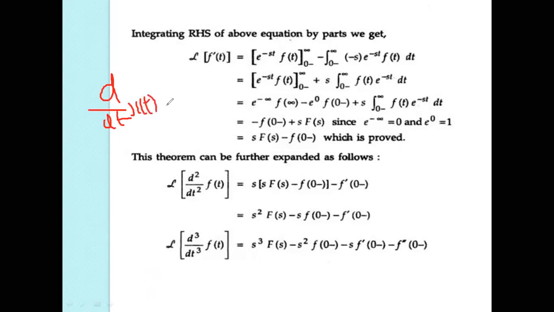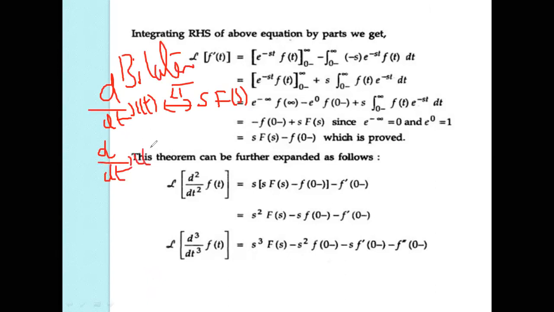For bilateral, the Laplace transformation of d by dt of x of t is s into F of s. And for unilateral, the Laplace transformation of d by dt of x of t is s into F of s minus f of 0 minus.